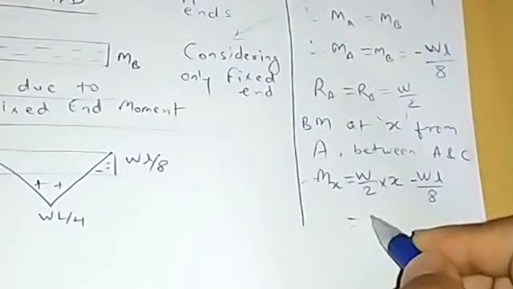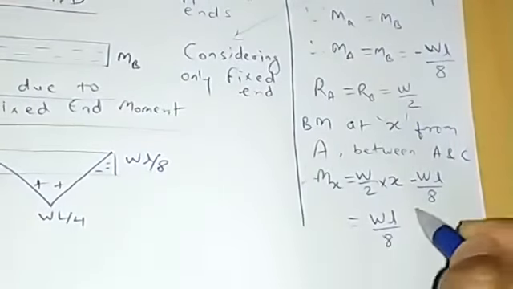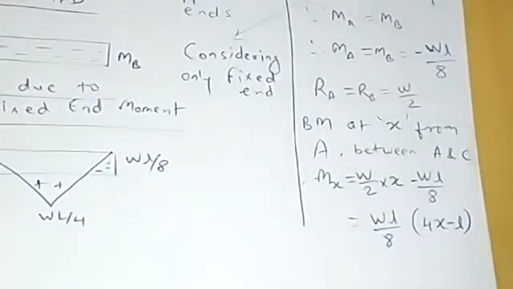So this is going to be WL by 8 into 4x minus L.